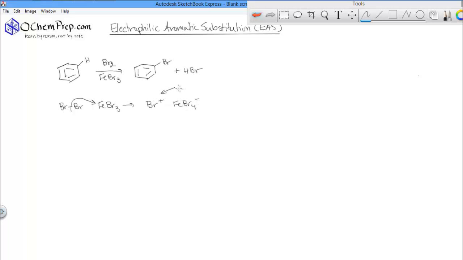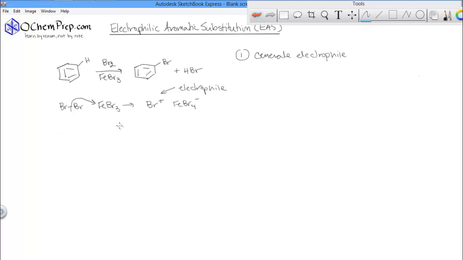This is our electrophile. In every single reaction that we're going to do of electrophilic aromatic substitution, we have to first generate an electrophile, because the electrophile is what attracts the electrons from the benzene ring. So our first step is to generate an electrophile with our Lewis acid catalyst.